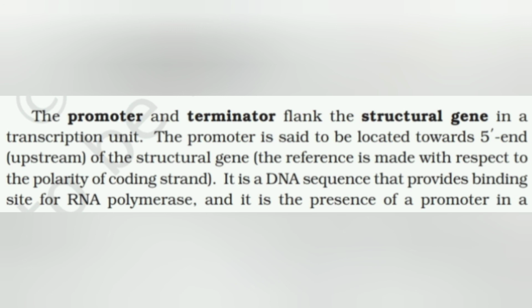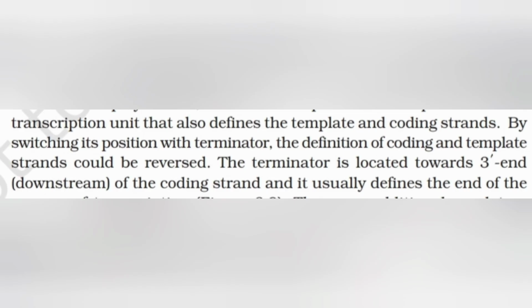The promoter and the terminator flank the structural gene in a transcription unit. The promoter is located towards the 5' end, that is upstream of the structural gene, while the terminator is located towards the 3' end, that is downstream of the structural gene. The promoter is the DNA sequence that provides the binding site for RNA polymerase, and it is the presence of the promoter in a transcription unit that defines the template and coding strand.